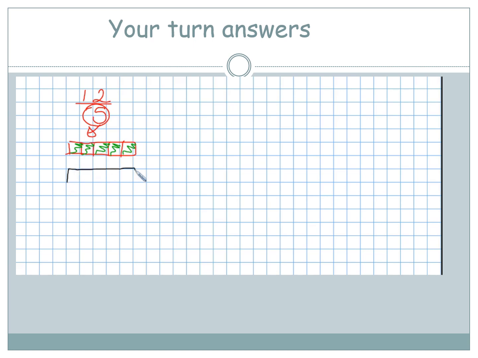So you need to keep going for the next one. Again, counting in 5s because that's your denominator. So we're now up to 10. So we need to do one more bar.